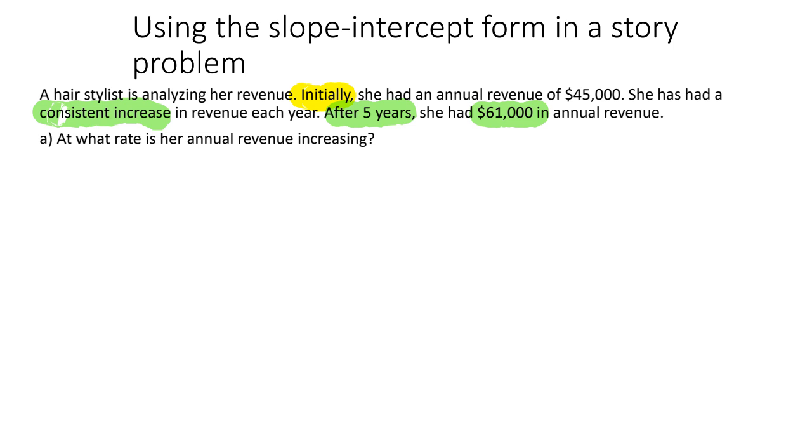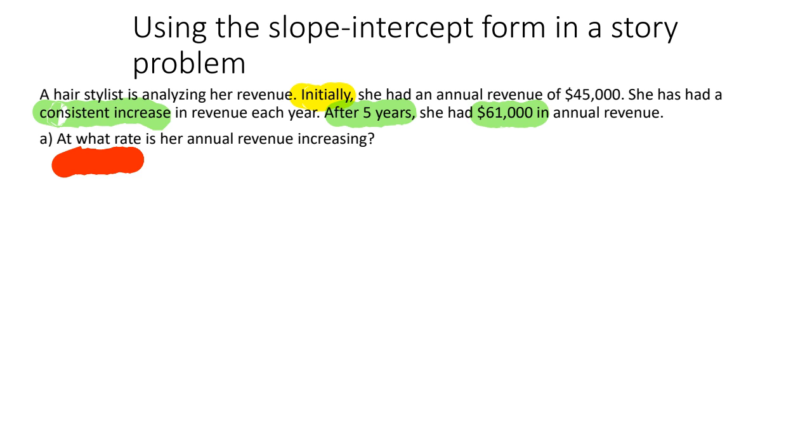Now, notice what they're asking you to do. At what rate? Rate is saying, I need a slope. The word rate is saying that I need a slope, which means I have to know that there are 2 points in this story problem.